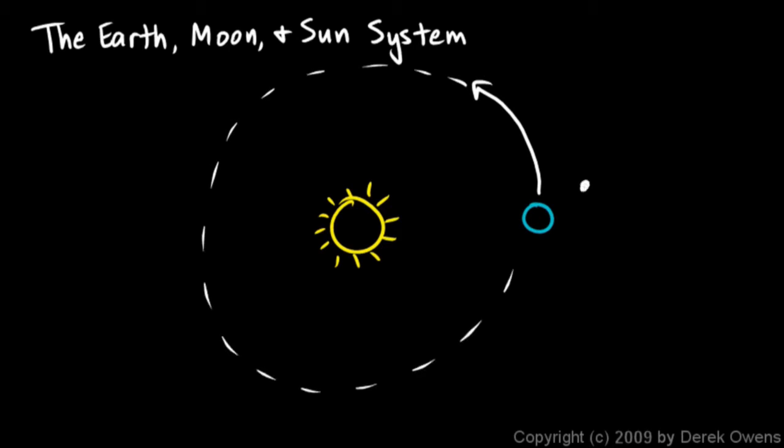And then the Moon, Earth's moon, is orbiting around the Earth. And what diagrams like this capture is that the Earth orbits the Sun, and then the Moon orbits the Earth.